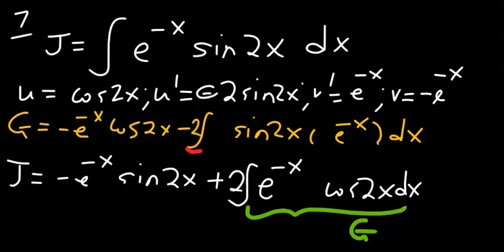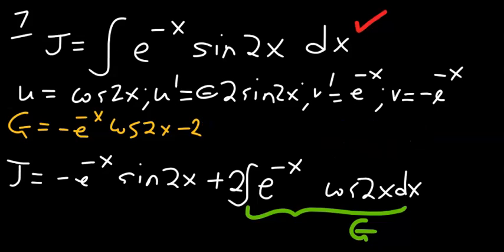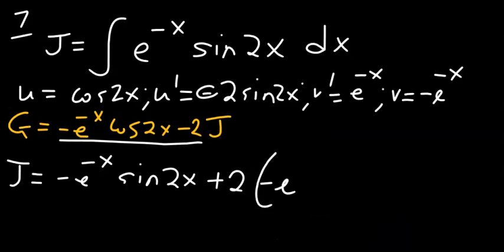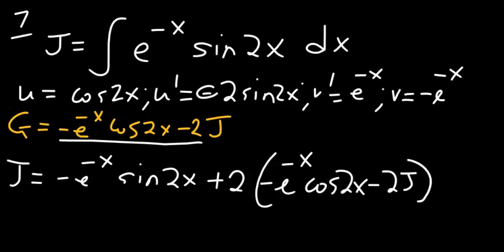And immediately you notice that this integral is simply j, which is the original integral that you want to solve. So one can simply write it as 2j. Putting this result in here, because that entire thing is g, we get minus e to the power minus x cosine 2x minus 2j.